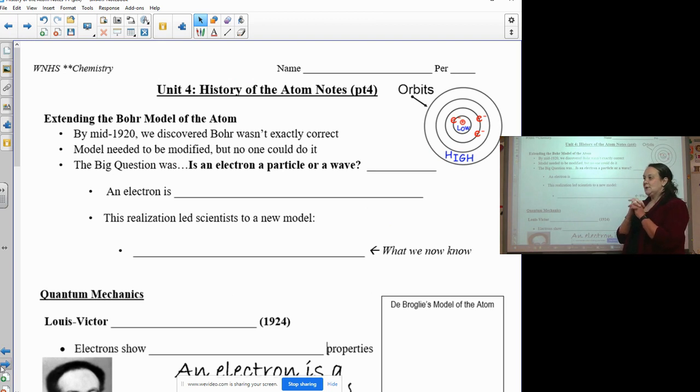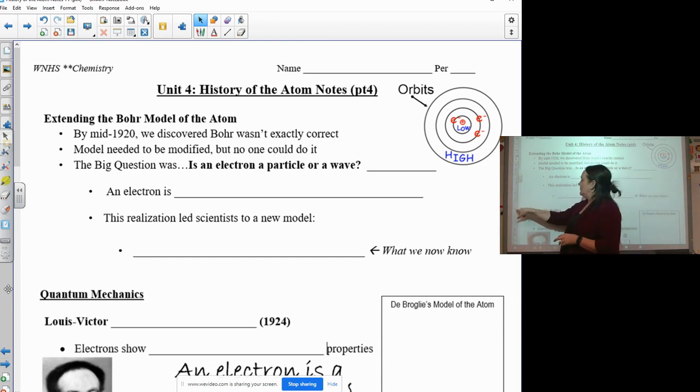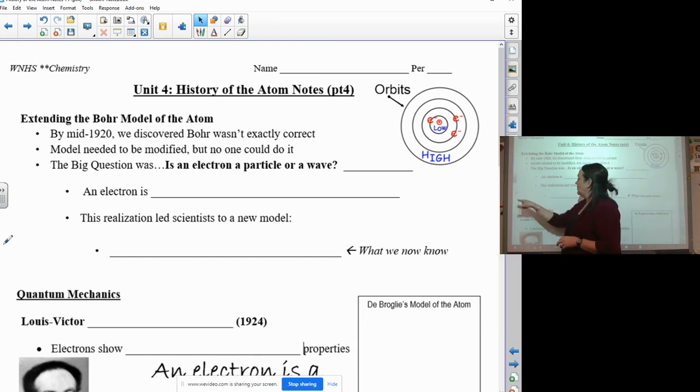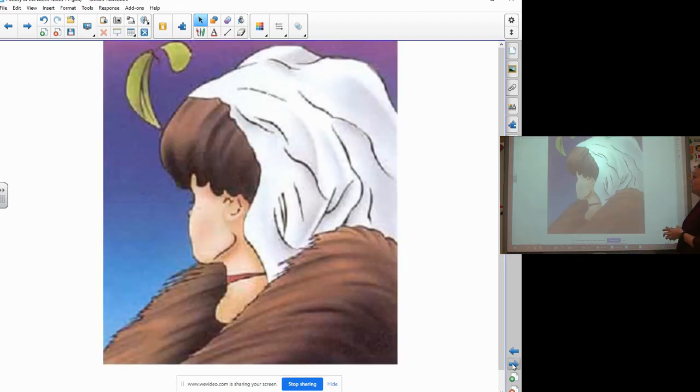However, we needed somebody else to look at the problem and figure out an answer that we just didn't have. So the idea is that we knew that the electrons do not orbit like planets around the sun, but nobody can figure out how they move. So what we had to have was somebody else to look at this problem in a different way.